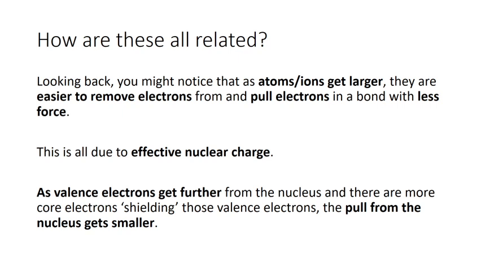Remember, at the beginning I started with that: how strongly the valence electrons are actually feeling the pull from the nucleus. As valence electrons get further from the nucleus and there are more core electrons to shield them, the pull from the nucleus gets weaker. So therefore they're larger, it takes less energy to remove electrons from them, and they pull with less force. It's all due to effective nuclear charge.